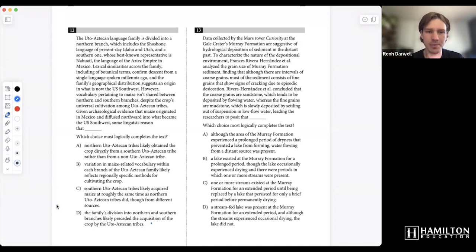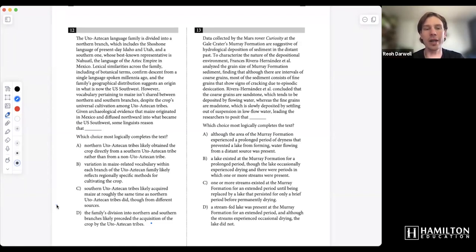However, issue here, okay, corn or maize vocabulary isn't shared between the northern and southern branches, even though all of these tribes grew crops, right? Grew corn, I mean.